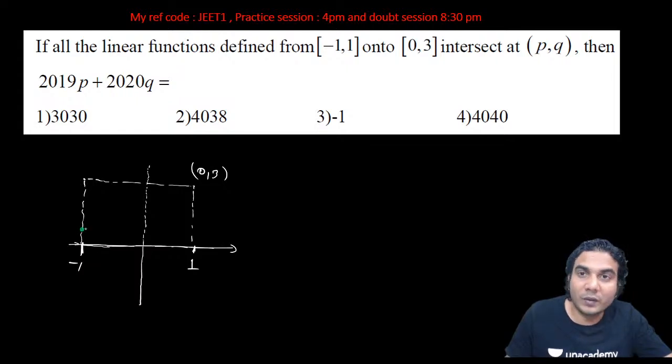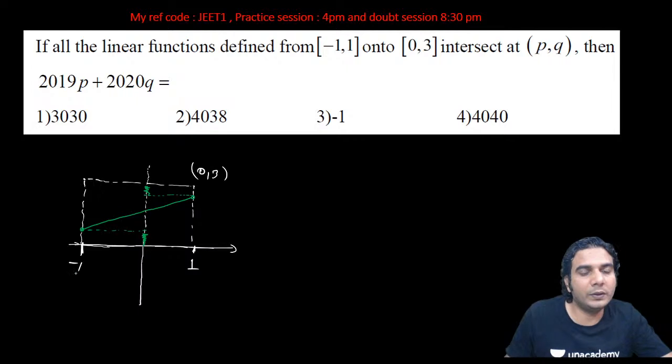A line is always 1-1 because it will be increasing, so yes, this is 1-1. But what is the problem? It is not covering the complete range. You can see this part is not included in the range.